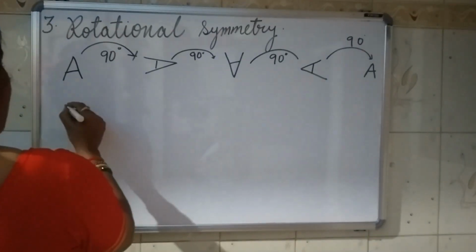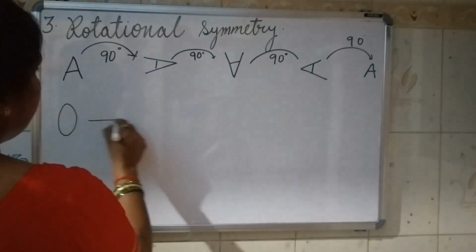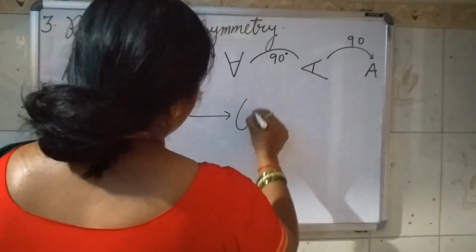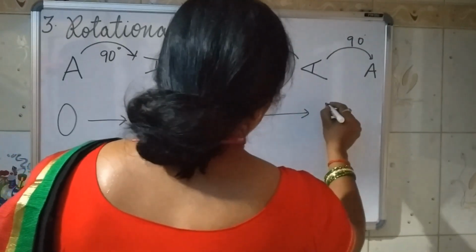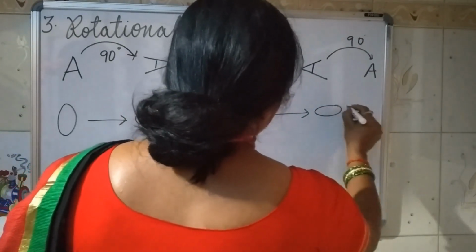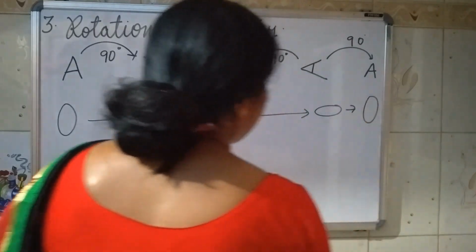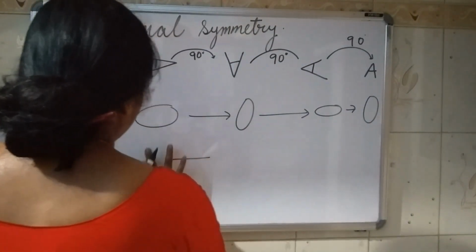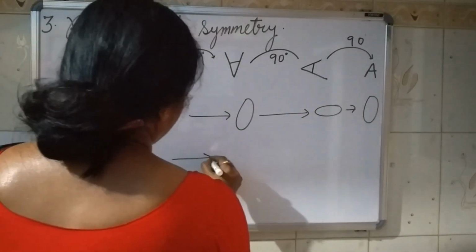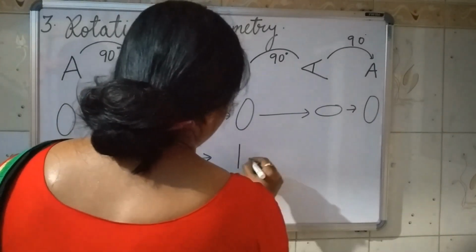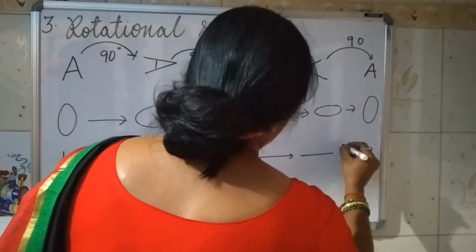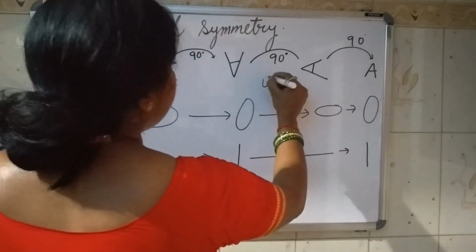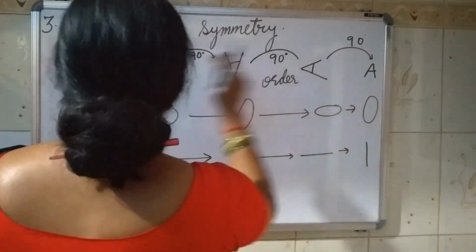Okay. If I take O, same. Okay. I, so it has order 1 because only 1 time it comes in the original position.